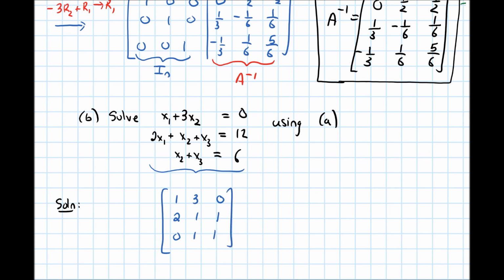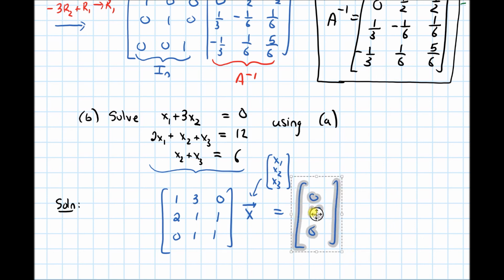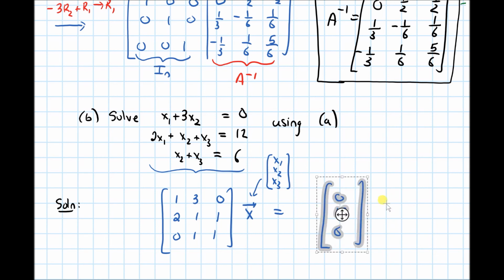That's multiplied by the vector x, which has x1, x2, and x3 as entries. We have 3 variables as the entries. And on the right-hand side, this equals the vector 0, 12, 6. Let's space this out a little bit more.